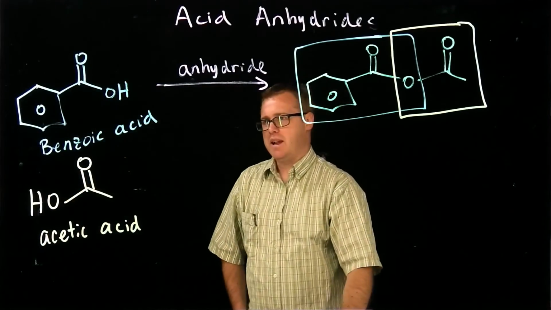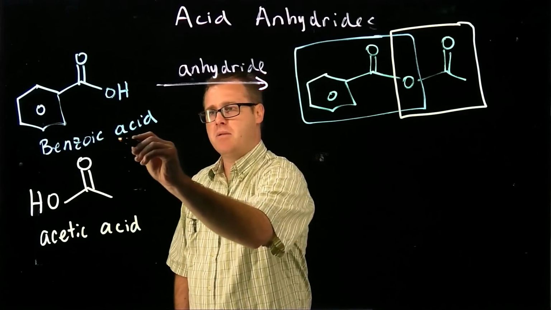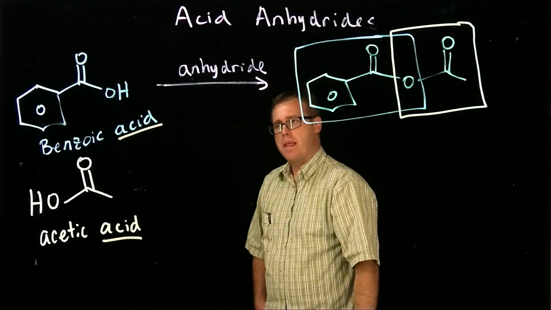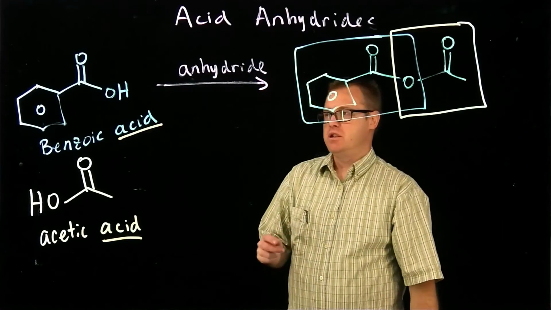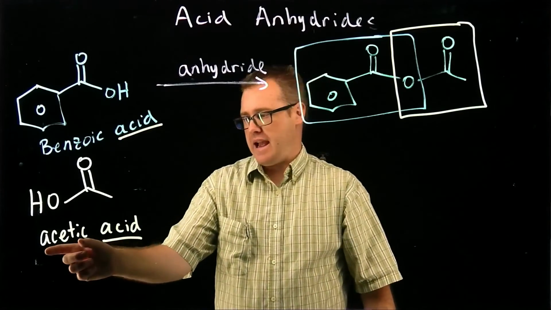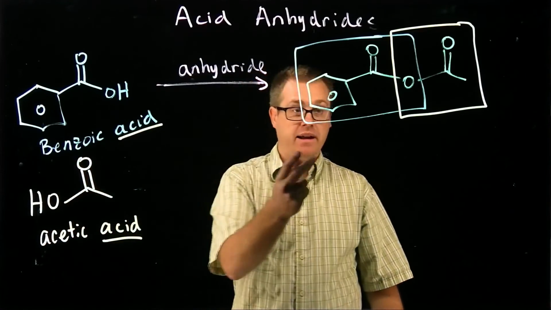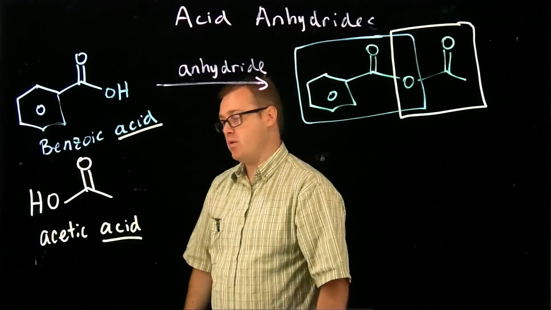So what's the trick here? We remember that we're going to get rid of the acid and replace it with anhydride. But now what you do is you just look at that part of the name and you write it over here in alphabetical order.